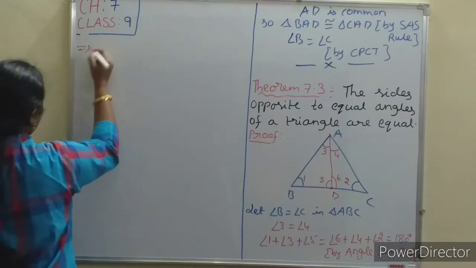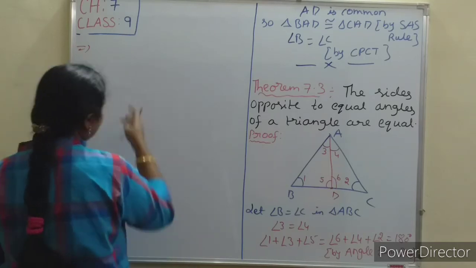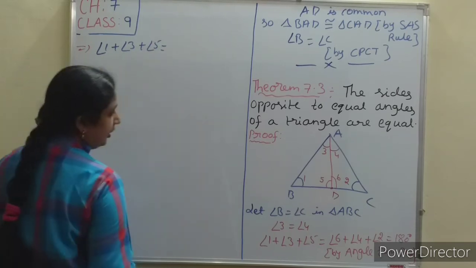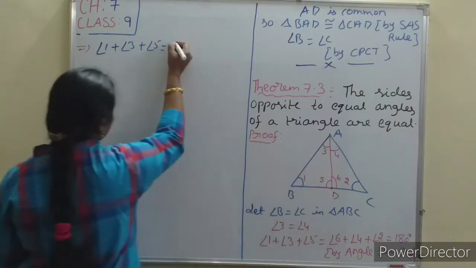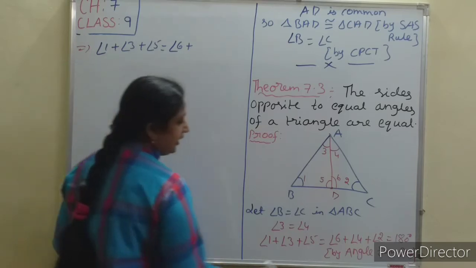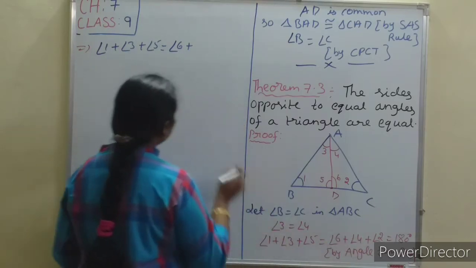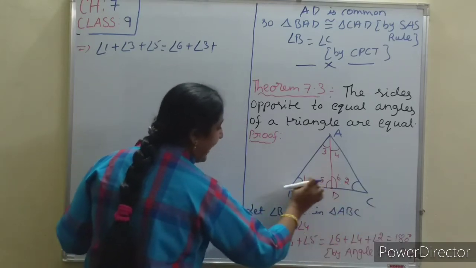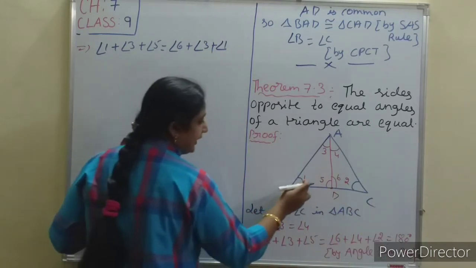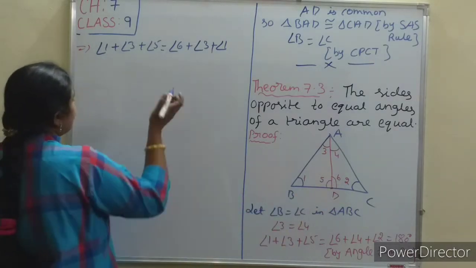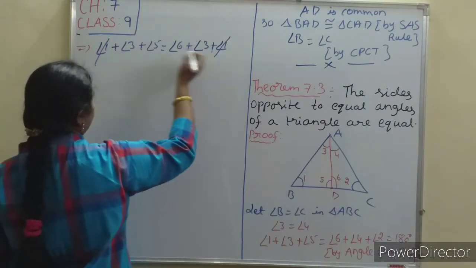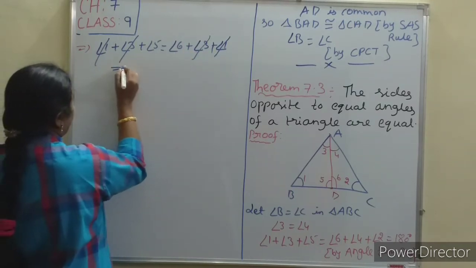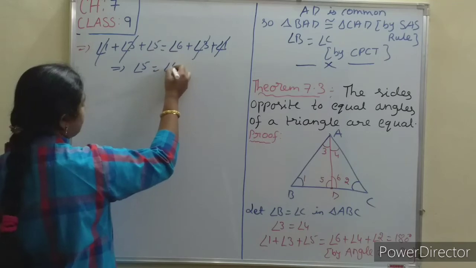Now angle 1 plus angle 3 plus angle 5 equals, in place of angle 6 the same, in place of angle 4 I can write angle 3, right? And in place of angle 2 I can write angle 1, because these two angles are equal. So now angle 1 will get cancelled, angle 3 will get cancelled. Then what we got here: angle 5 equals angle 6.